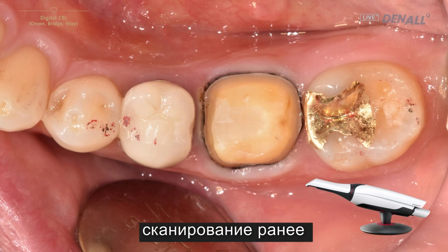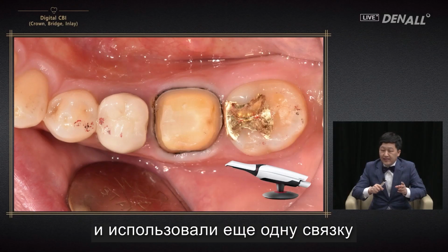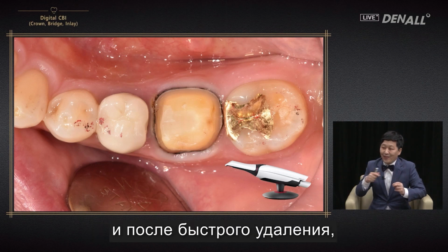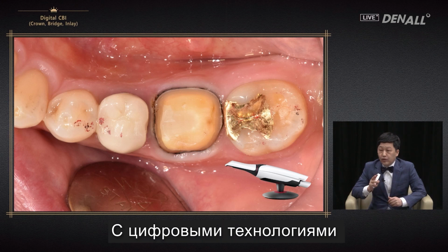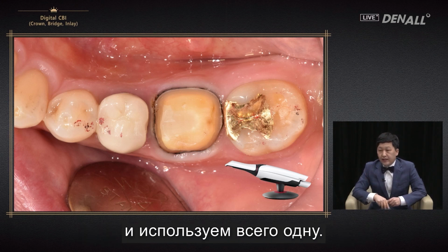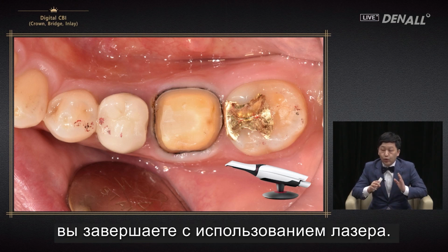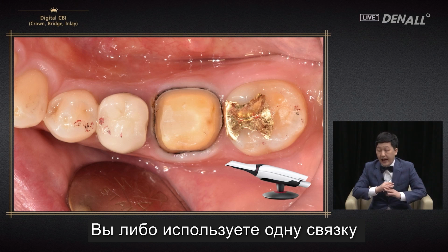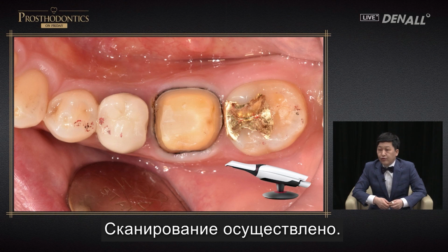In the past, in analog days, we use 1-0 and use the second cord, and after removing it very quickly, you would scan it. In digital technology, you rarely put in 2 cords, you just use one. If it is slightly insufficient, you finish off using laser. You either use 1 cord or don't use it at all to do scanning. Scanning is done.